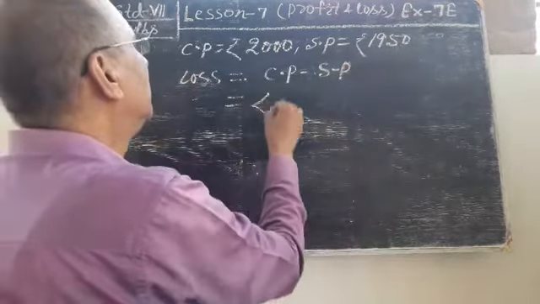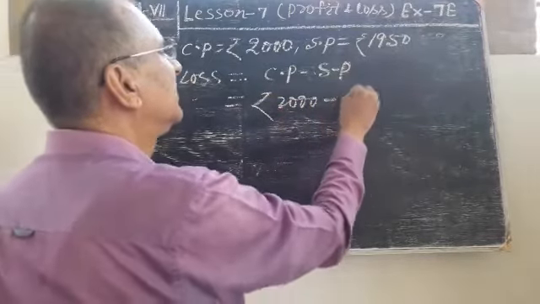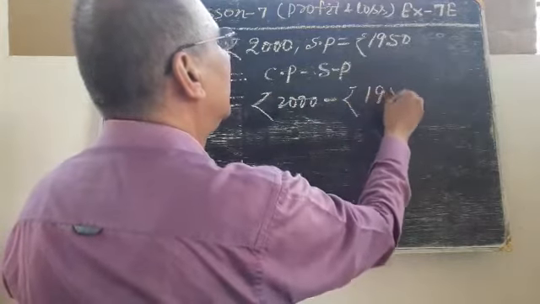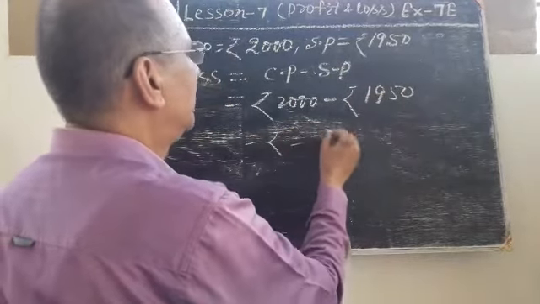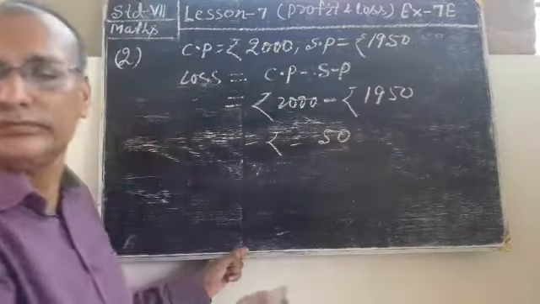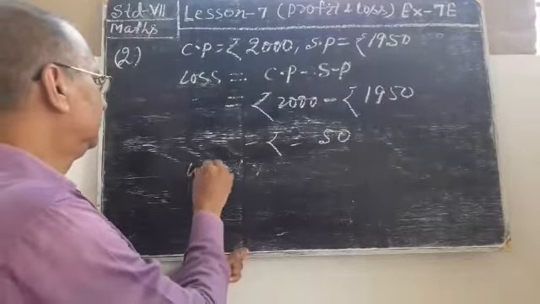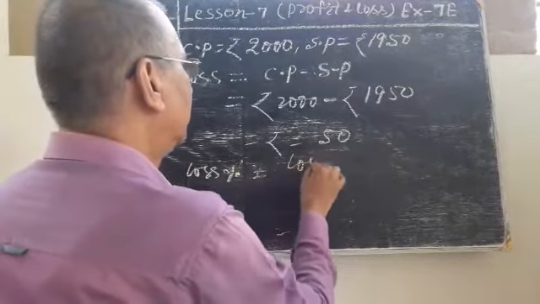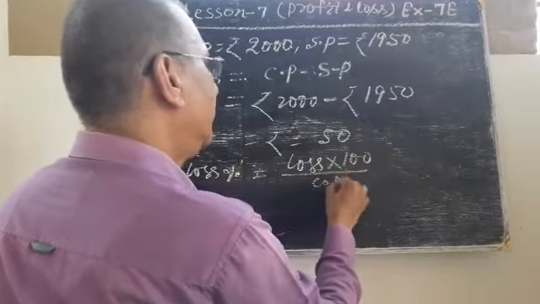This is equal to rupees 2000 minus rupees 1950, which is equal to rupees 50. And loss percent is equal to loss into 100 by CP.